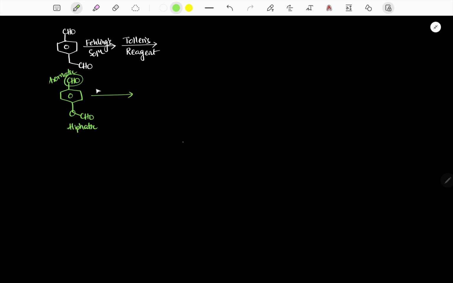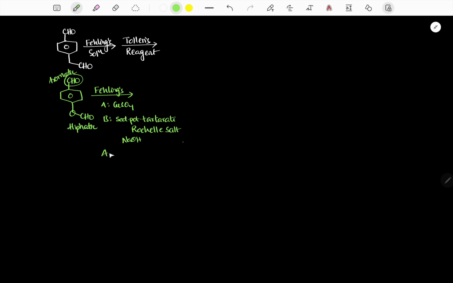It is treated with Fehling's solution. Fehling's has two solutions: Fehling's solution A, copper sulfate, and Fehling's solution B, sodium potassium tartrate, also called Rochelle salt, plus NaOH.